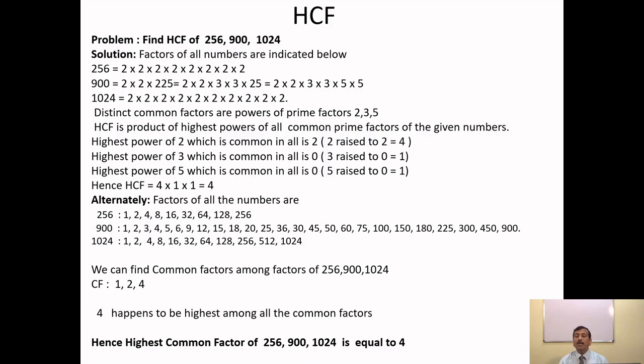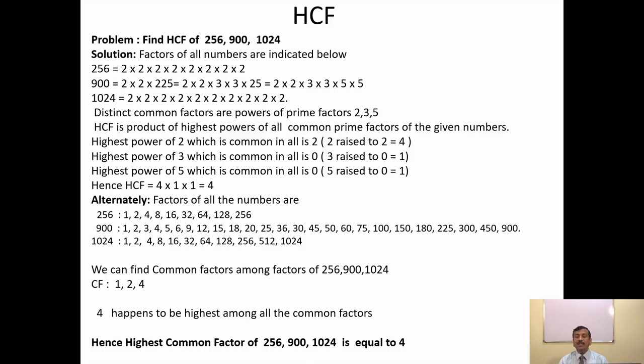Among these, 3 to the power 0 is the common one. Similarly, the power of 5 which is common in all numbers is 0, and therefore we get HCF as 2 to the power 2, that is 4, into 3 to the power 0, that is 1, into 5 to the power 0, that is 1. So 4 into 1 into 1 is equal to 4.